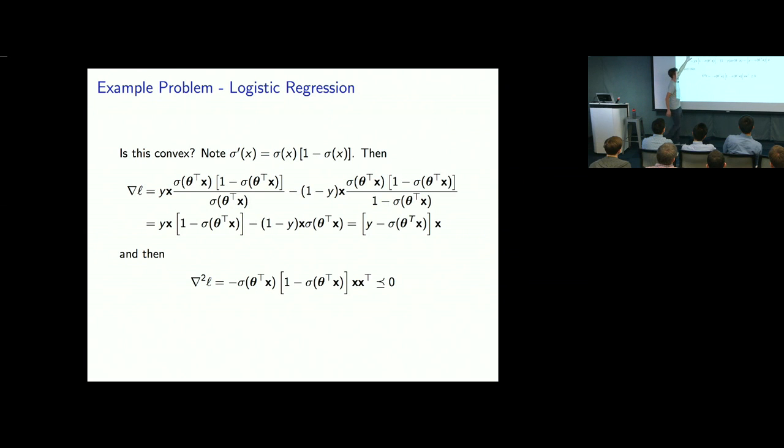so I probably won't. If you look at this line right here, you can deduce that the gradient of each loss is just the value minus the predicted value times x itself. And if we take another derivative to get the Hessian for each loss, we would have the negative of the sigmoid, the function we're squashing into, of the linear combination, times 1 minus that, times this outer product.